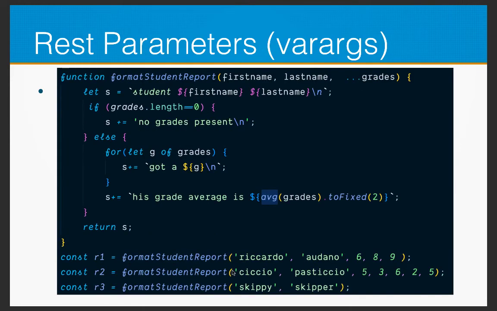Another interesting technique that I want you to get familiar with from the start is the rest parameters. These are also called varargs in other languages. Here, for example, I want a function that is doing a report for some student, and I have to pass the first name and the last name, which always get printed, and then I have to pass the list of grades, but I want the freedom to pass 0 grades or an arbitrary number of grades.